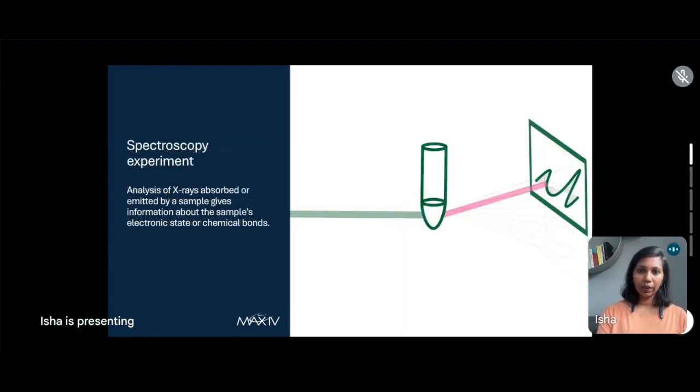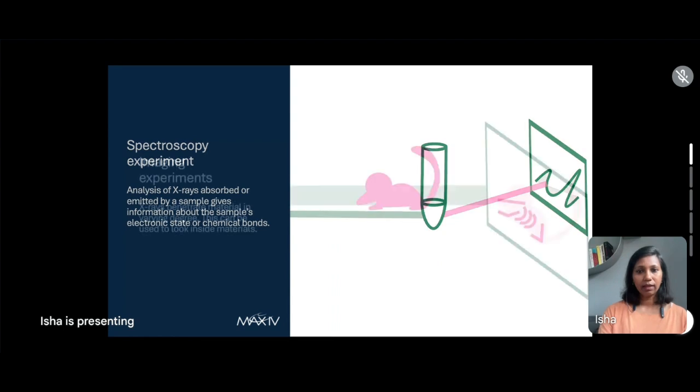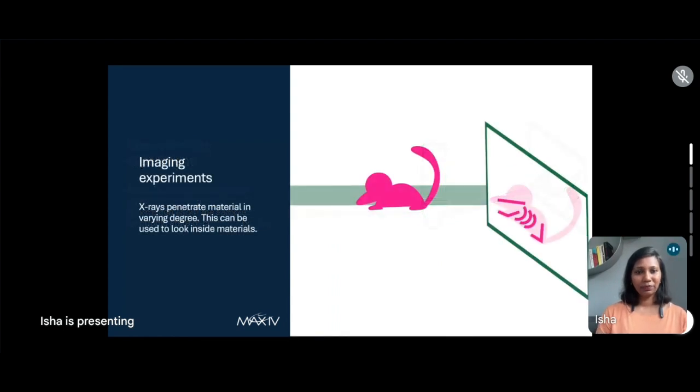Then you have the spectroscopy experiment. Light comes and is modified by the sample, and then you take an absorption spectrum and see what this spectrum tells me about the sample's electronic state or chemical bonds. And then I think the easiest to understand is the imaging experiment.